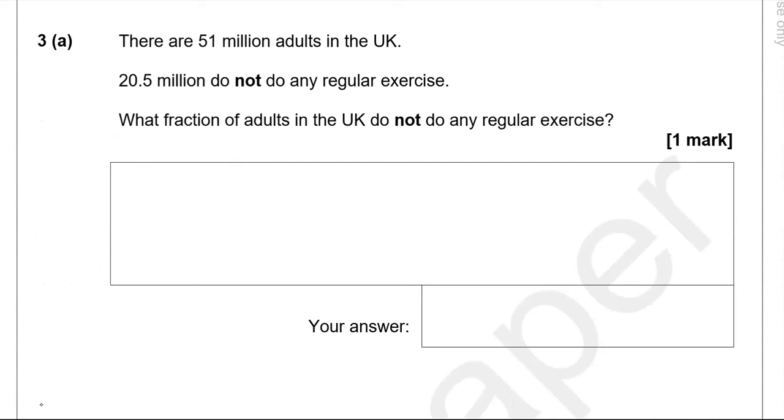There are 51 million adults in the UK. 20.5 million do not do any regular exercise. What fraction of adults in the UK do not do any regular exercise? So that is 20.5 out of 51.